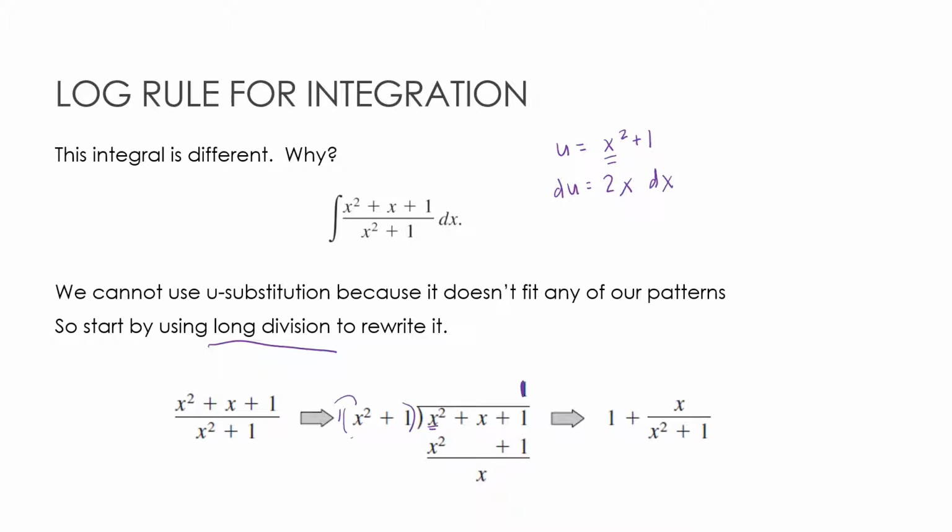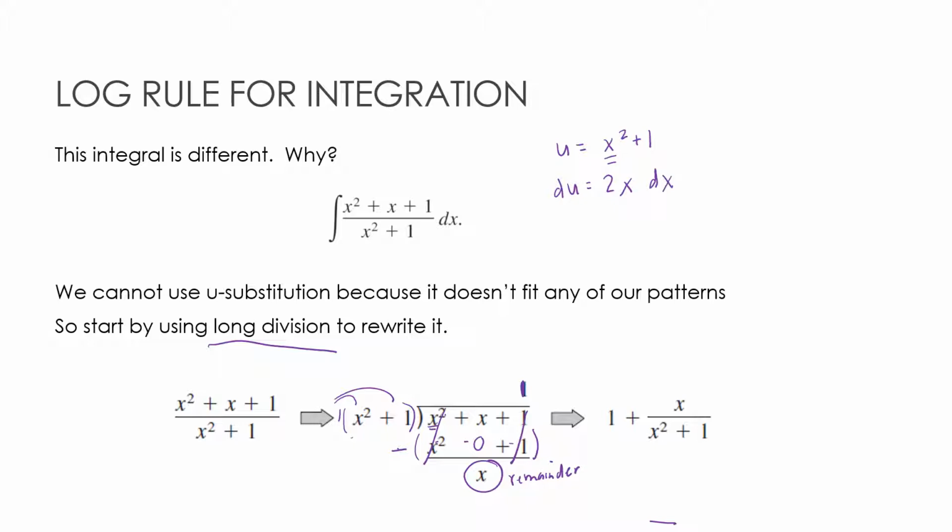So 1 times x squared is x squared, 1 times 1 is 1, and then I'm going to subtract those. So x squared minus x squared goes away. This should be x minus 0, so that's where the x came from, and then 1 minus 1 goes away. And so x is actually considered a remainder.